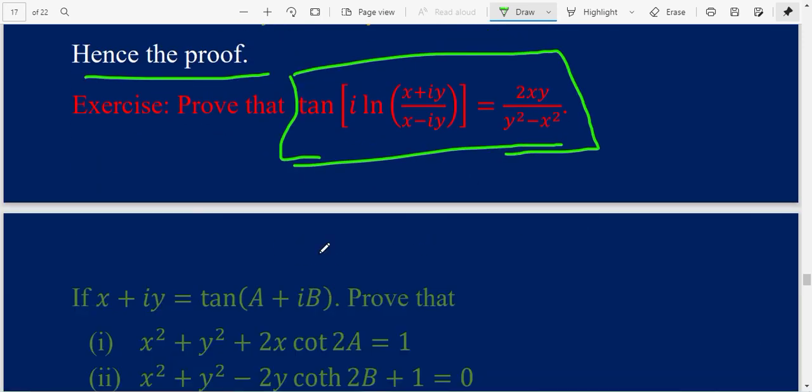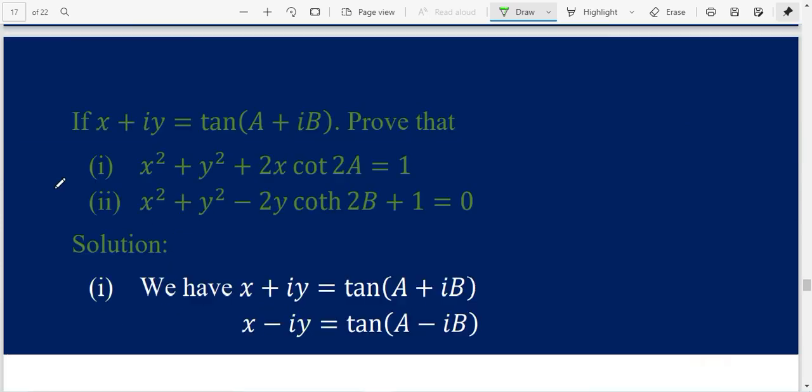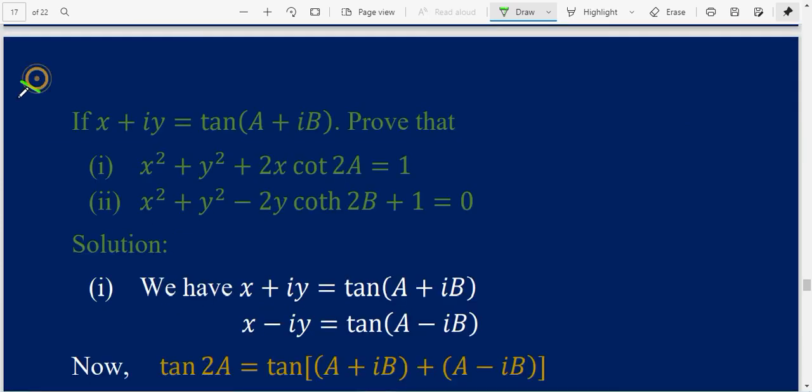Now next example: if x plus iota y is equal to tan of (a plus ib), then prove that x square plus y square plus 2x cot 2a is equal to 1, and x square plus y square minus 2y coth 2b plus 1 is equal to 0.